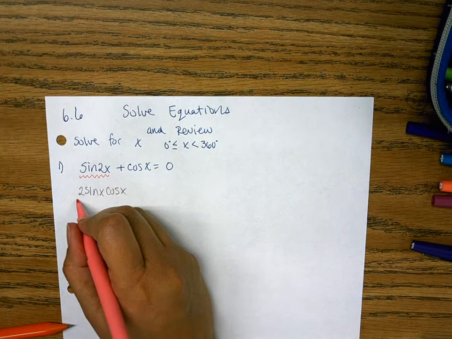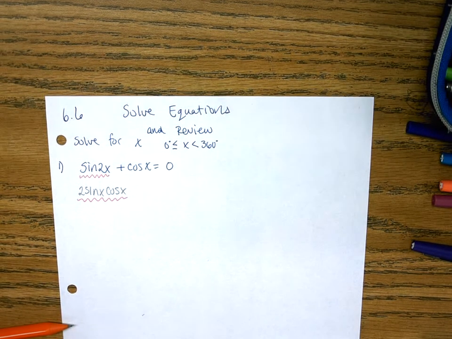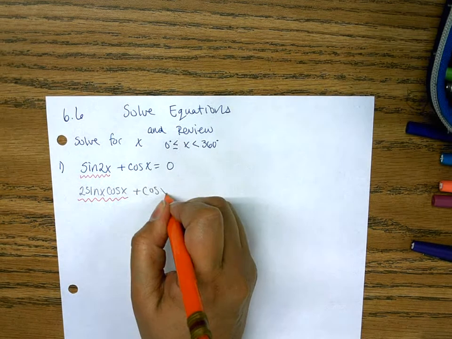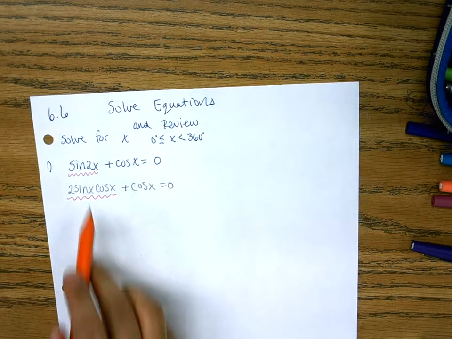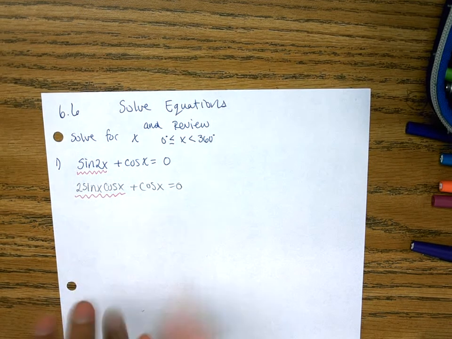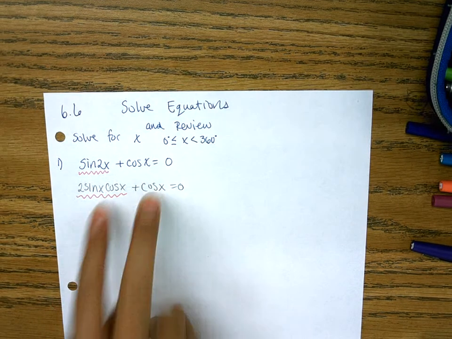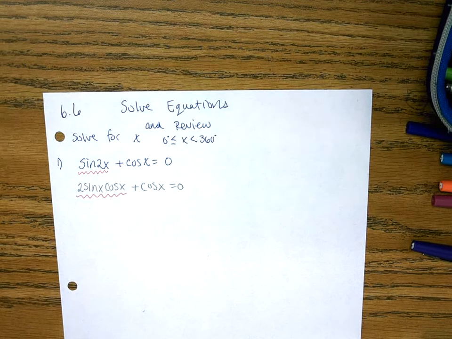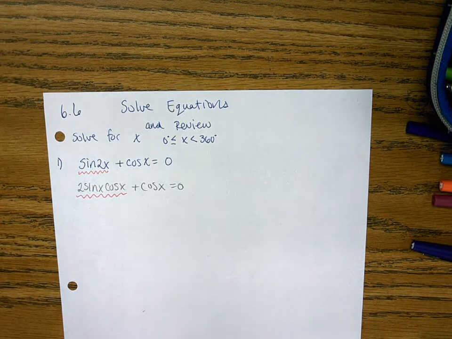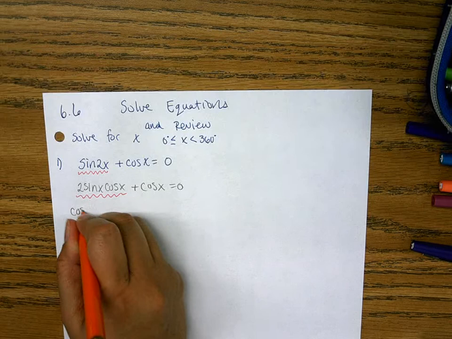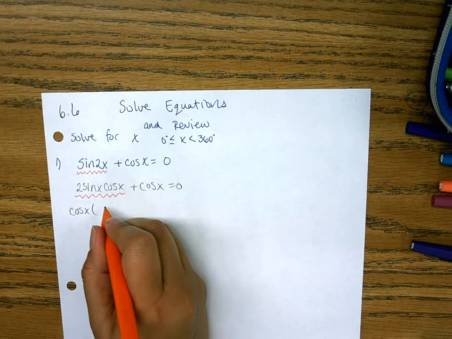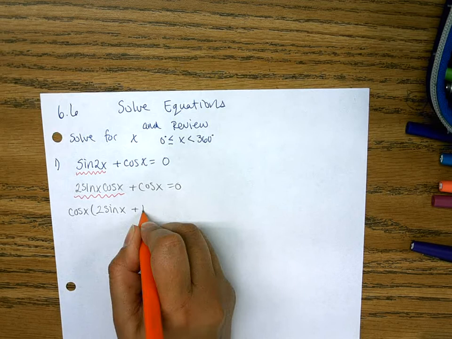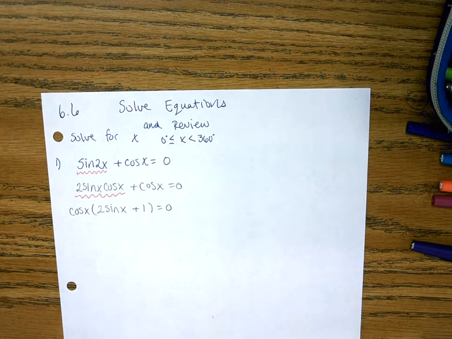Again, sine 2x is 2 sine x cosine x plus cosine x equals 0. Now that I've changed the sine 2x, I have a GCF that I can pull out: cosine x times 2 sine x plus 1 equals 0.